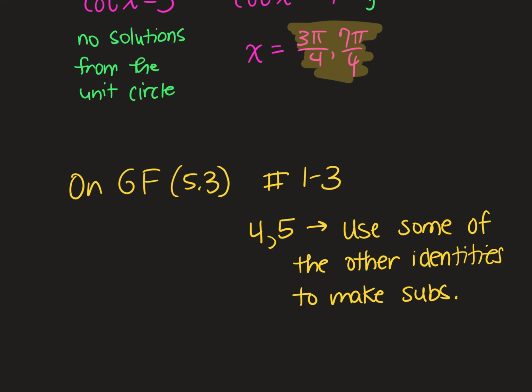If you can find a way to make a substitution that allows you to solve that equation, that's awesome. That's the goal. You may also have to think about, if I gave you the square root of x equals 5, what do you do to both sides to solve that equation?